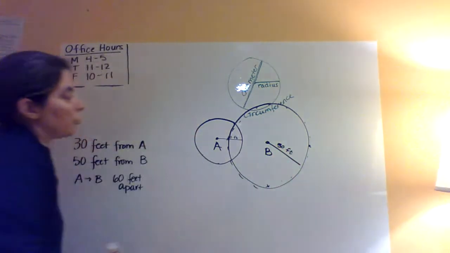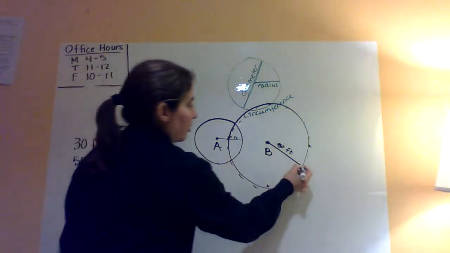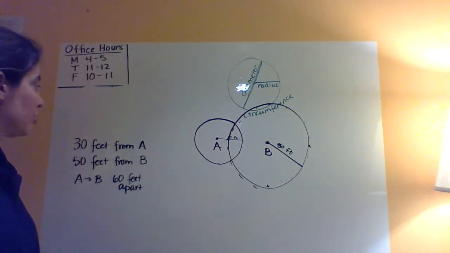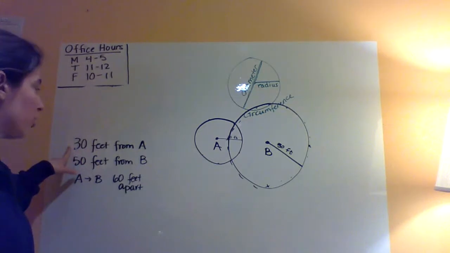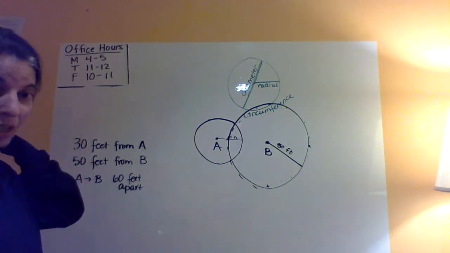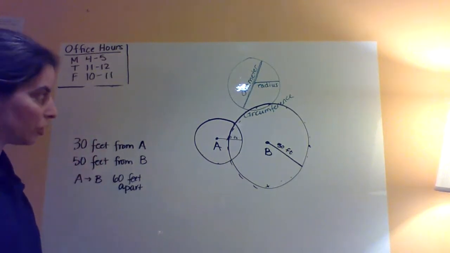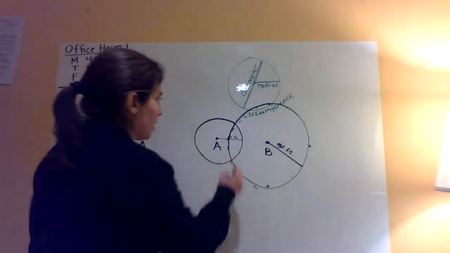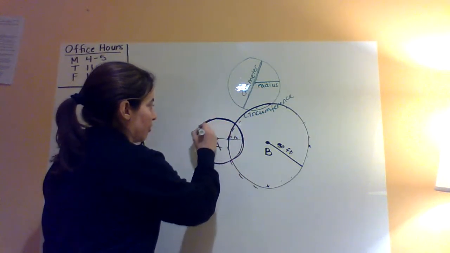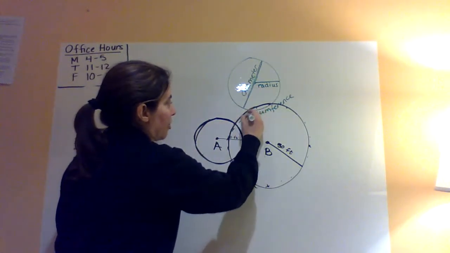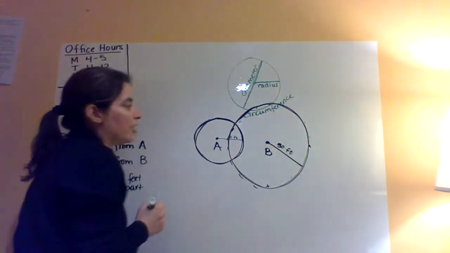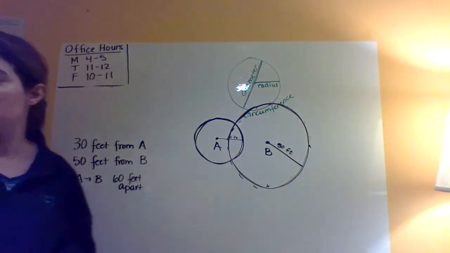Okay. So, do we know exactly where the treasure is? Can we figure out a point where the treasure is that is exactly 30 feet from A and exactly 30 feet from B? Well, we talked it over a little bit during the Zoom session, and we decided that any point on this circle is 30 feet from A, right? Any point on this circle is 50 feet from B. So we need to find a point that makes both of those true.